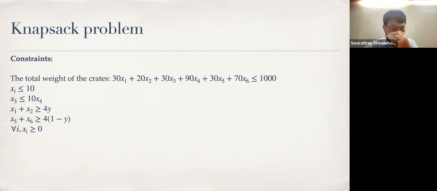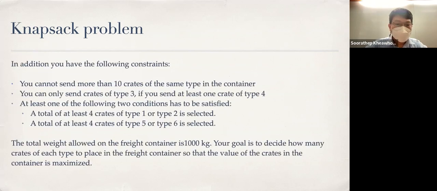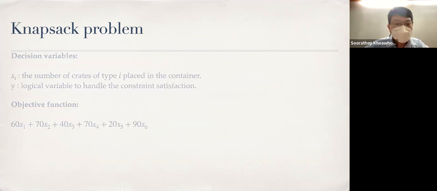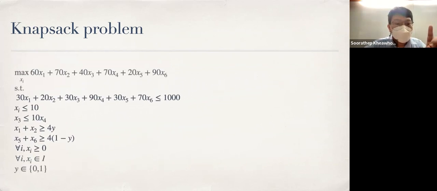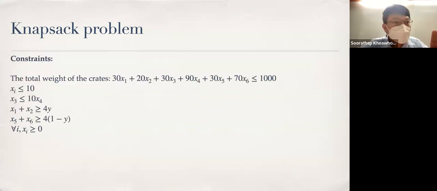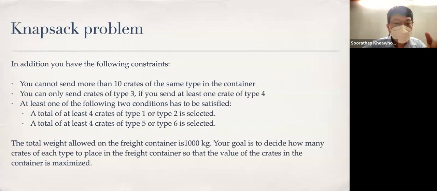Back to the first constraint, you cannot send more than 10 crates of the same type in the container. That means xi must be less than or equal to 10. And the next one is, you can only send crates of type 3 if you send at least one crate of type 4.